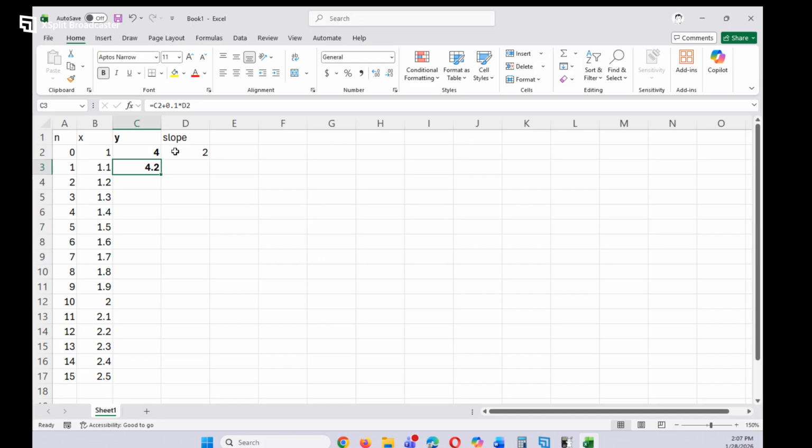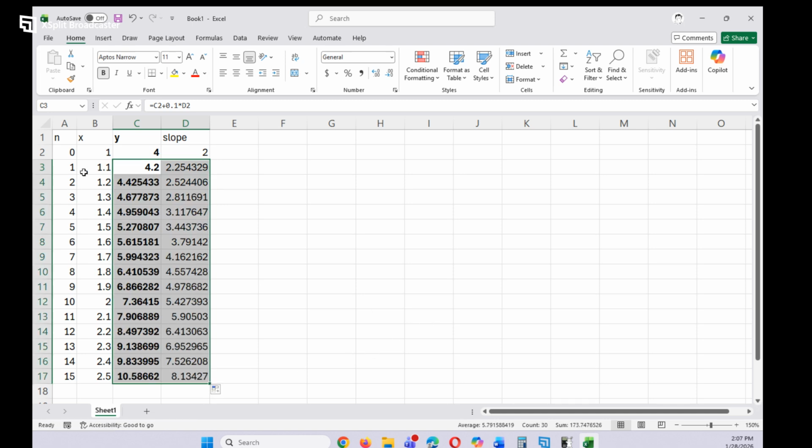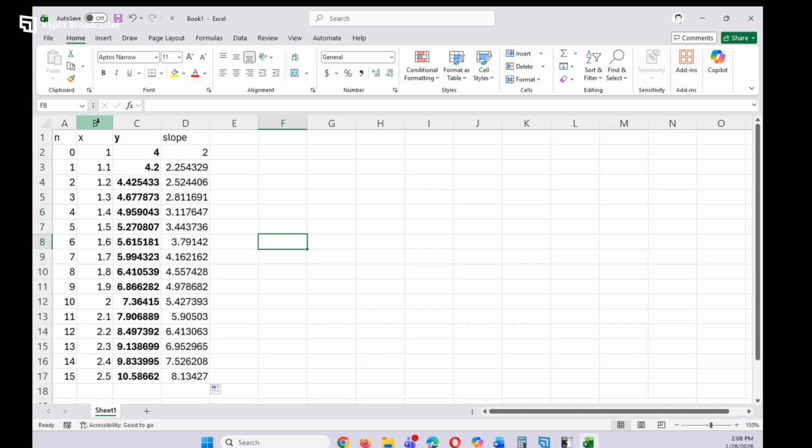And then with that, we can copy the formula. And that's 2.25 something. And then with that, we can have the rest. So this is the function where we have x values, and this is y values. And this is the solution.